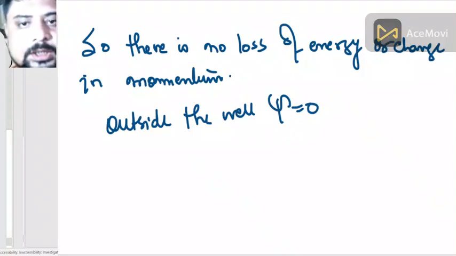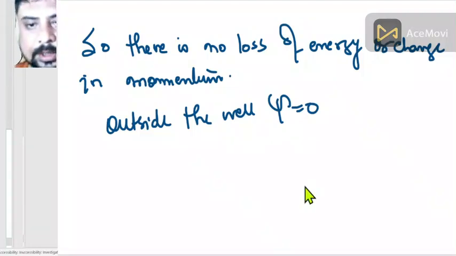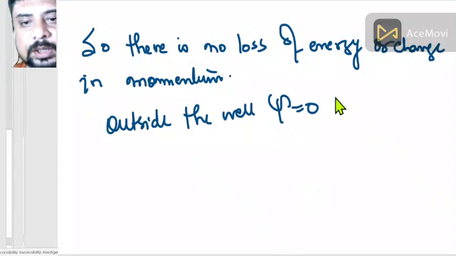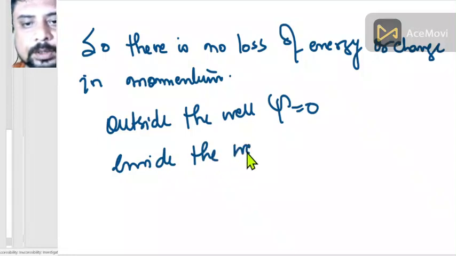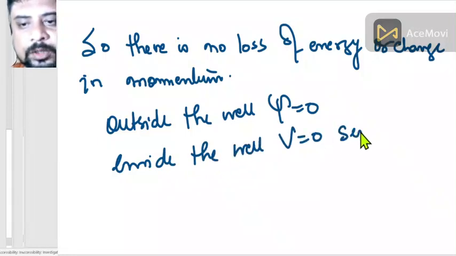So we want to know what will be the solution inside the well. Outside the potential, the particle is not present, so the wave function is 0. Now let us see the situation inside the potential well.